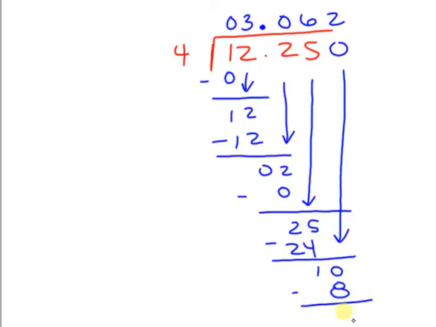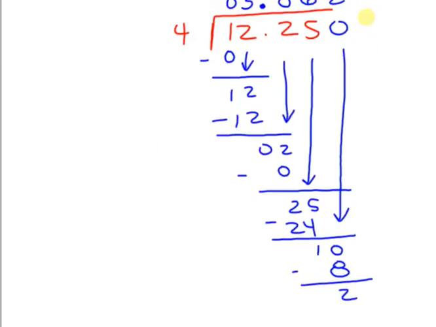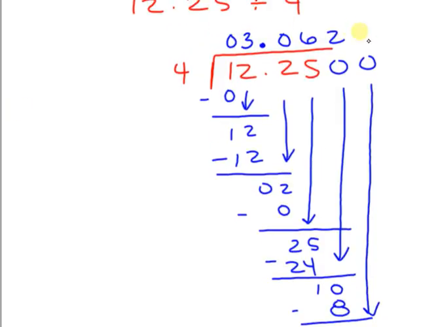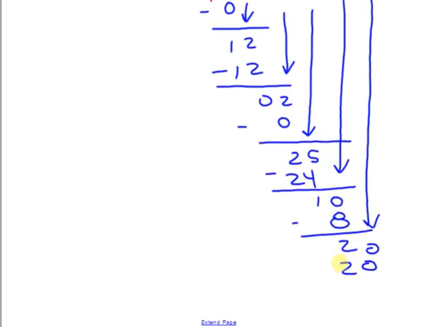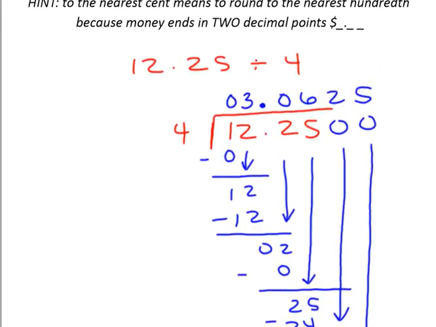Subtract. 10 minus 8 is 2. And I need to add another 0 and bring it down. 4 goes into 20 5 times. 5 times 4 is 20. Subtract. 20 minus 20 is 0. Nothing left to bring down.